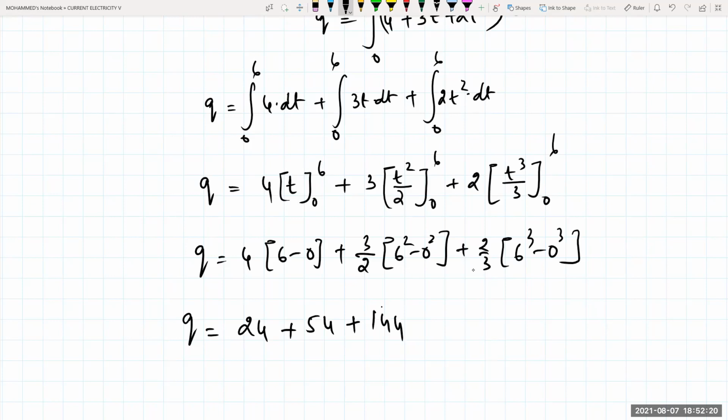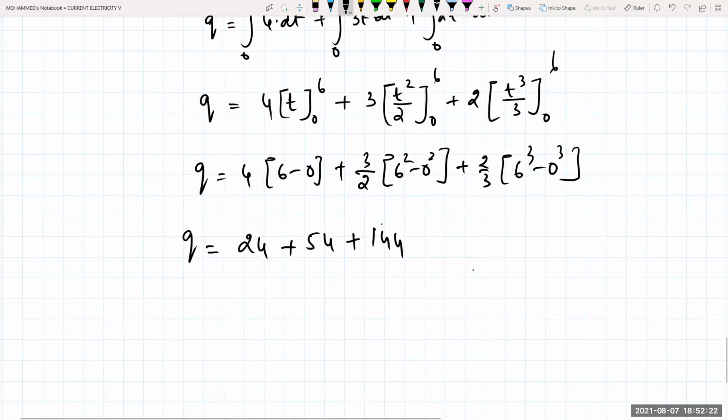So the total charge Q equals 24 plus 54 plus 144, which is 222 coulombs.